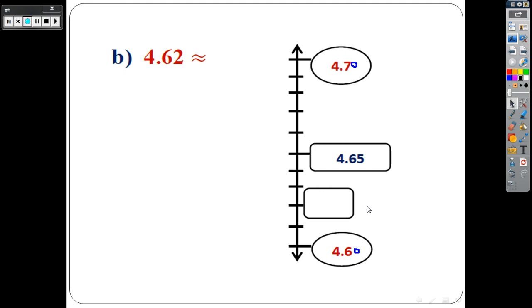Yes, it's below the midpoint, because this is 65, but this is 62, so it's smaller. 4.62 is below the midpoint, so it's close to 4.6. So if you round this number to the nearest tenth, it will be 4.6.